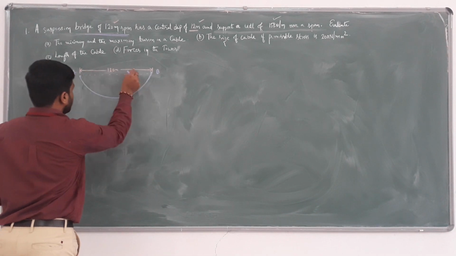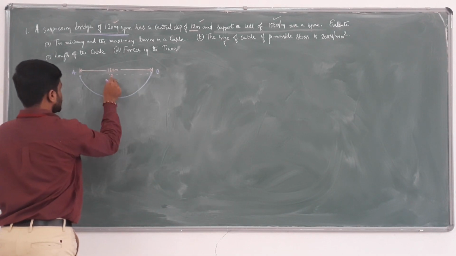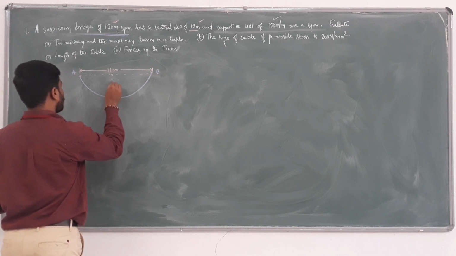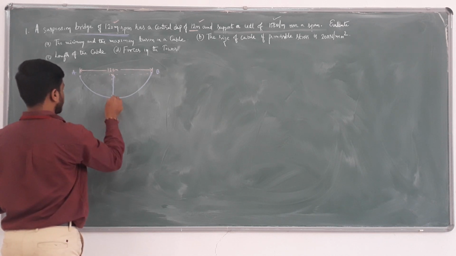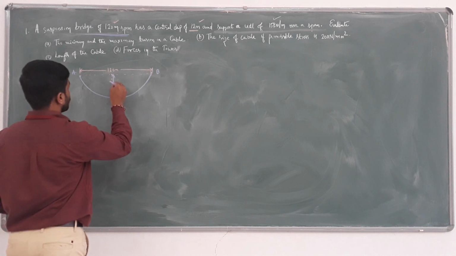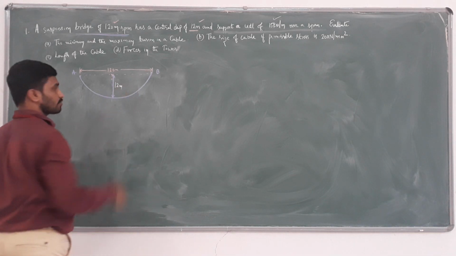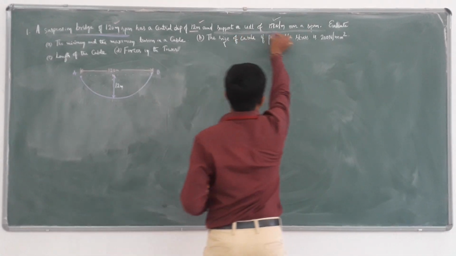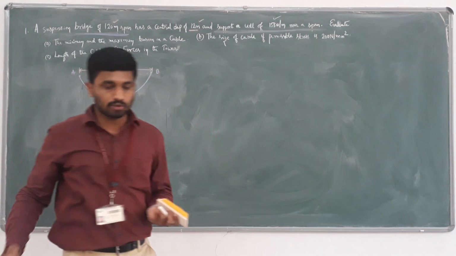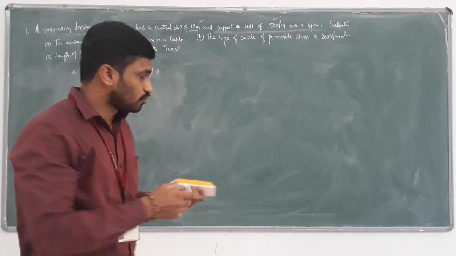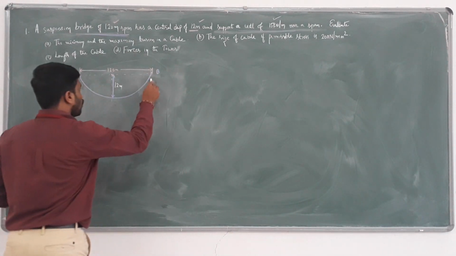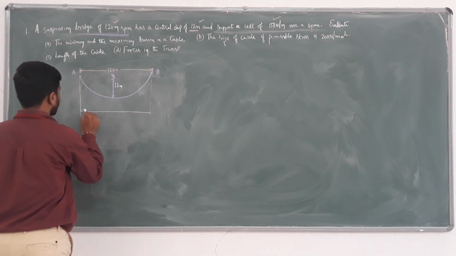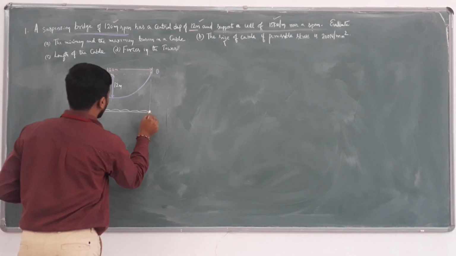The central point is exactly at 60 meters. It supports a UDL of 15 kilonewton per meter over the entire span, that is up to 120 meters.